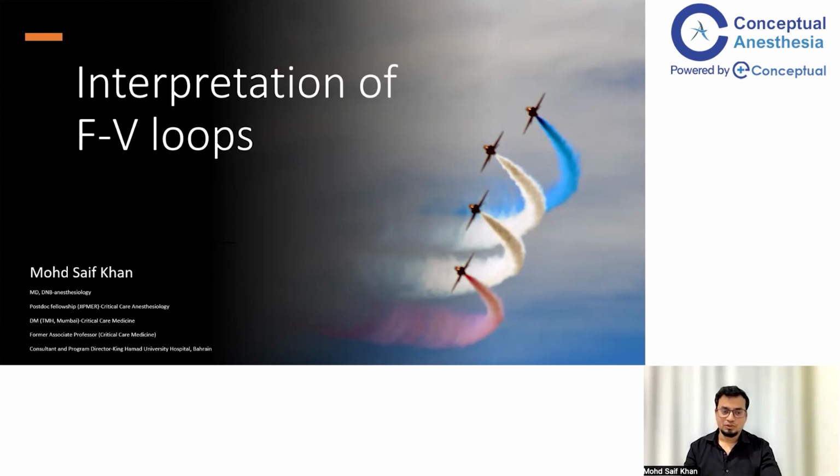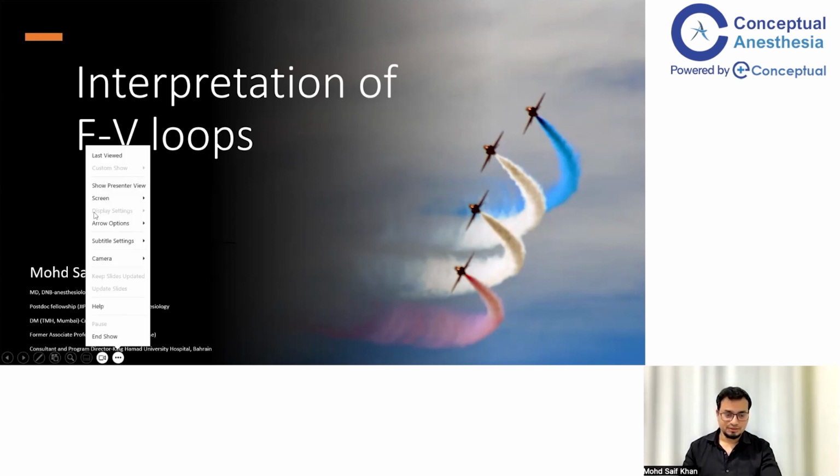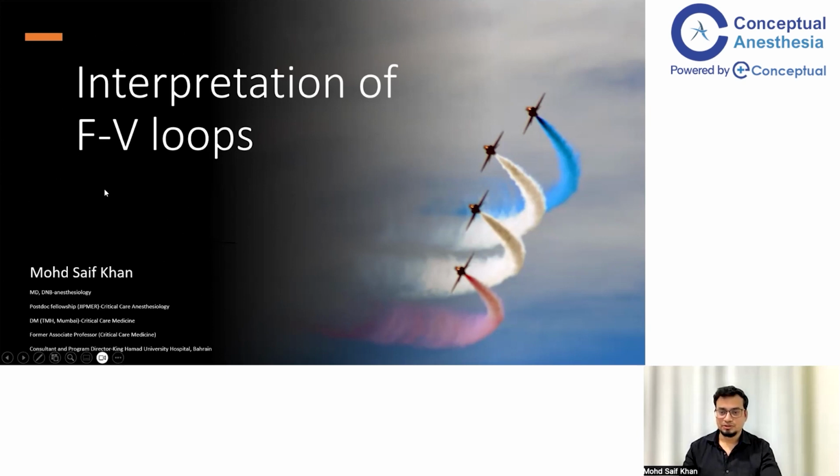We know this is an important topic because it has significance in detecting various issues in patients who have developed various pulmonary diseases, especially the obstructive pulmonary diseases and the restrictive patterns, and also various airway obstructions.